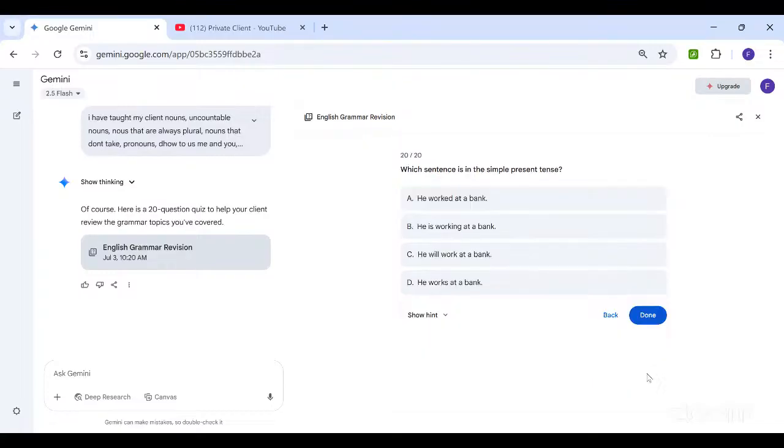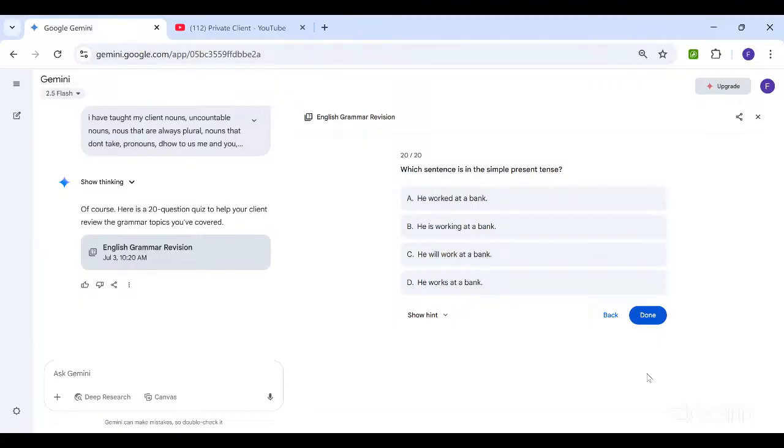Which sentence is in the simple present tense? He works at a bank. He is working at a bank.